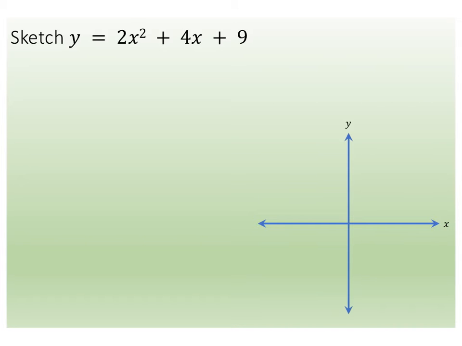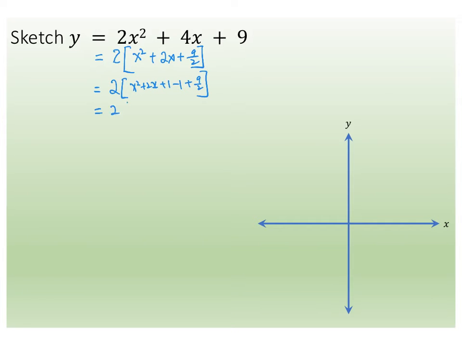Right, let's have a look at y equals 2x squared plus 4x plus 9. So here, you know that you cannot factorize it, so we need to complete the square. To complete the square, let's take the 2 out. x squared plus 4 divided by 2 is 2x, plus 9 over 2. I use a square bracket because it's a little bit easier later. So I've got 2, x squared plus 2x plus 1 minus 1 plus 9 over 2. Because 1 here is 2 divided by 2 squared, so 1 squared is 1.